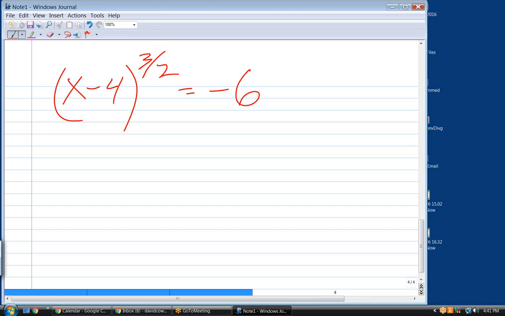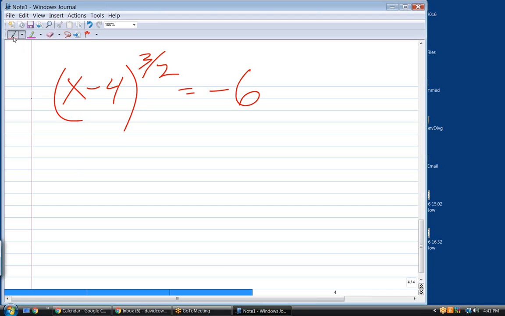How often do you get to stand up in class and verbalize that problem? In other words, how exactly should it be verbalized? It should be verbalized as the quantity x minus 4 raised to the 3/2 power equals -6. Or you could say left paren x minus 4, right paren to the 3/2 power. But there's things to be learned by verbalizing stuff.